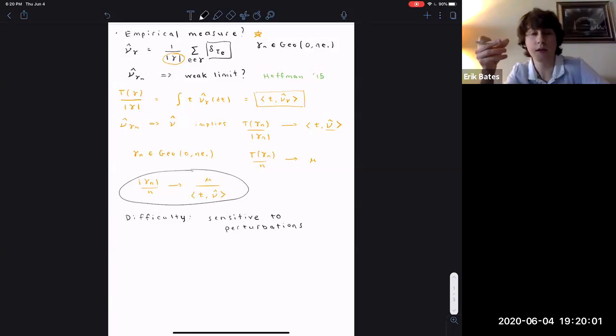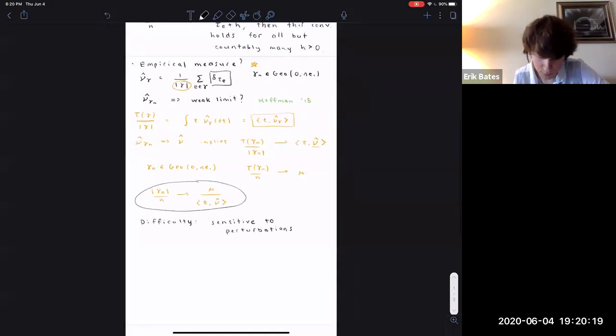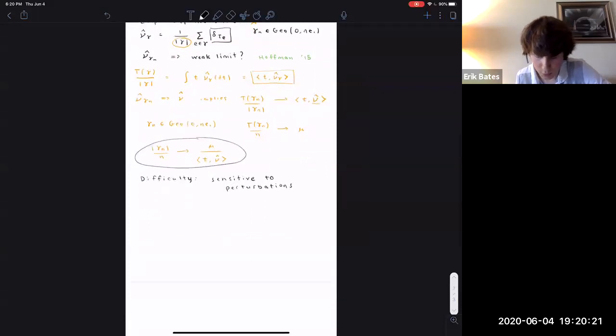Then the geodesic path might completely change, because a geodesic is just an optimizer. If I perturb it, then there's some near optimizer that now becomes the optimizer, and the geodesic path could have nothing to do with what it was before. So all of these geodesic questions are sensitive to perturbations in the edge weights. And so your standard concentration inequalities, more classical techniques, they break down a lot of the time when you're asking questions about geodesics.